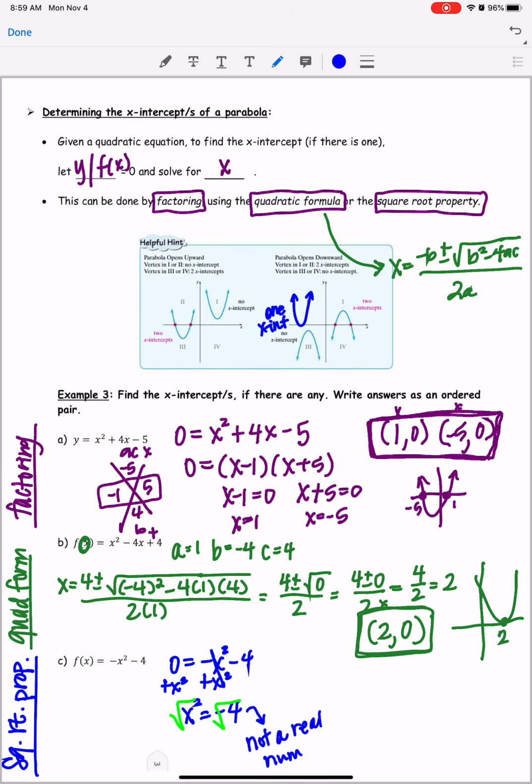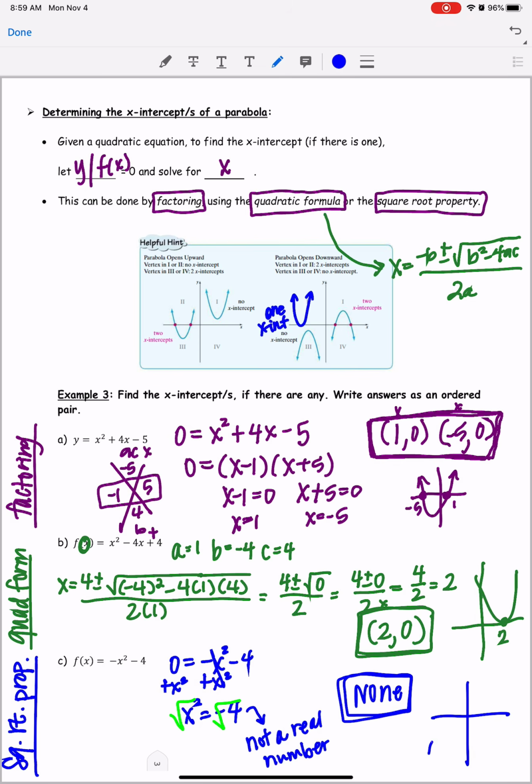When you get the square root of a negative number, that means we have no x-intercepts. So I'm just going to put none. No x-intercepts. So what that means, I don't really know where this parabola is going, but I know it's upside down.